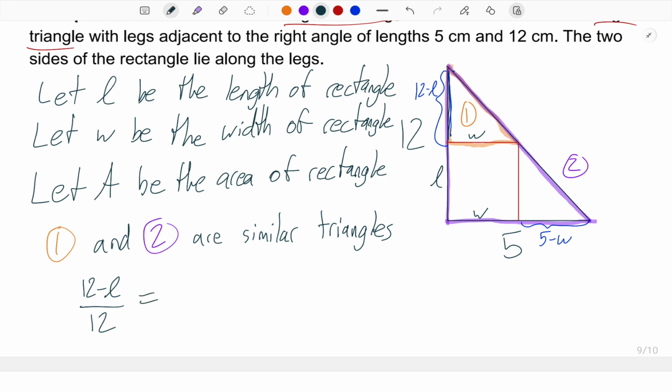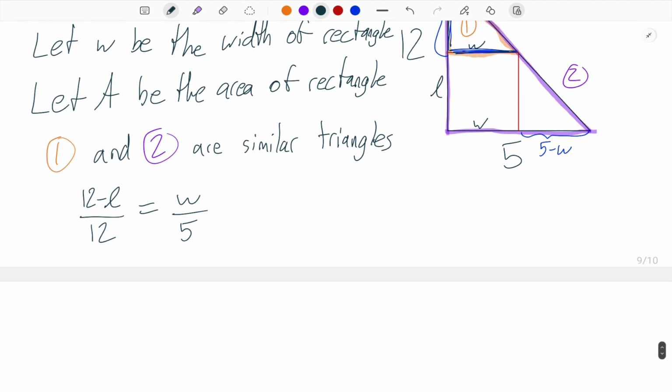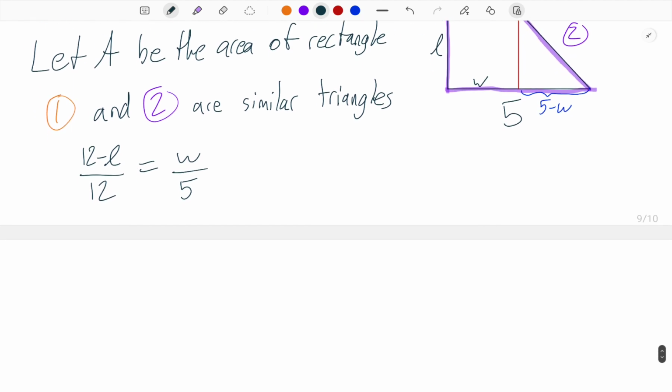That ratio is going to be the same as the ratio of the bottom length. So the bottom starts with W, this portion here, and that's going to be the same as the entire bottom of the big triangle. And well, what's the entire bottom of the big triangle? 5.